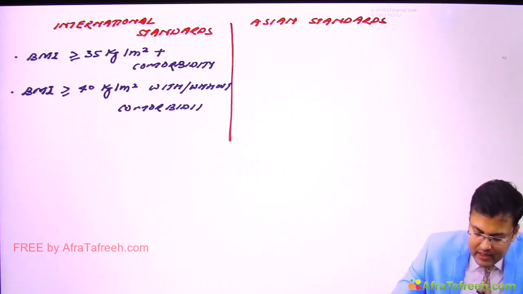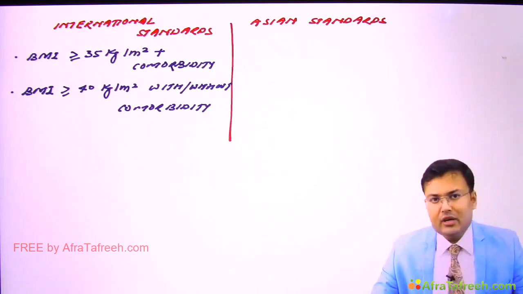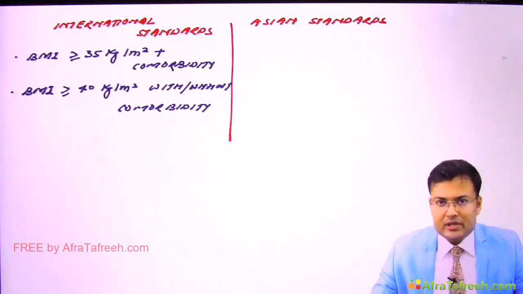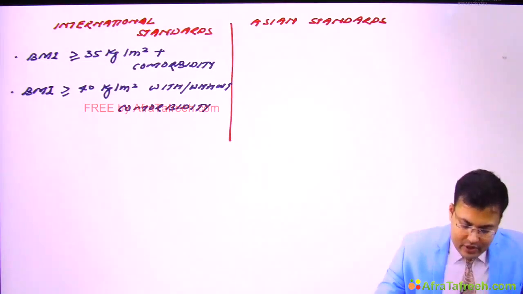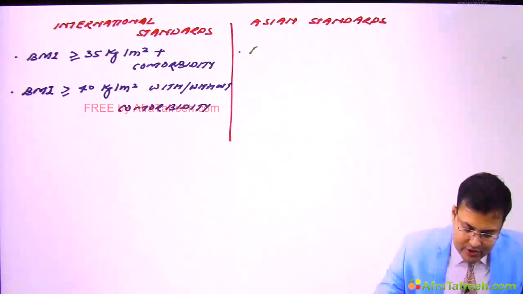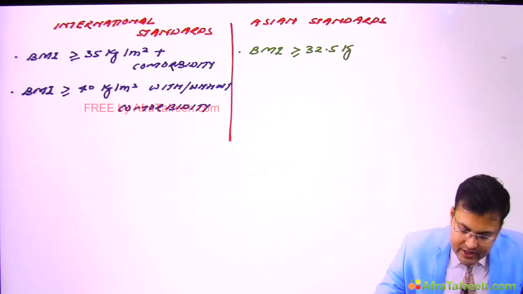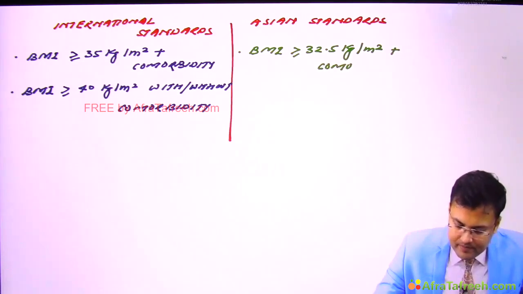Clear? How to remember the indications for the Asian population? You have to subtract 2.5 in each category. So in the first category, it is how much? BMI more than or equal to 32.5 kg per meter square plus comorbidity.